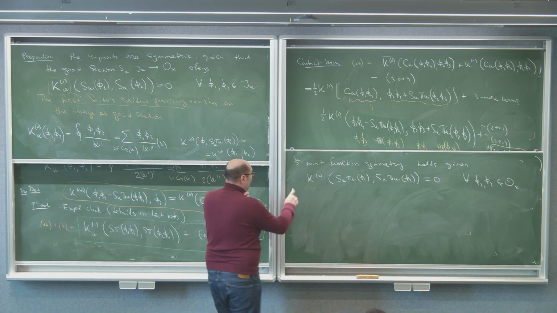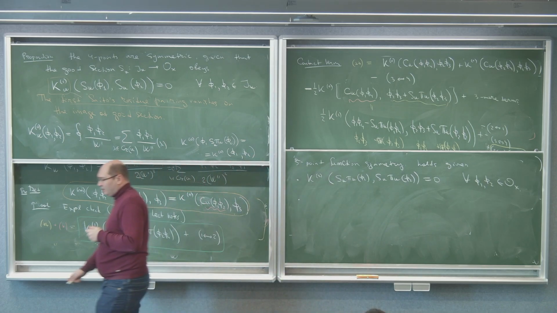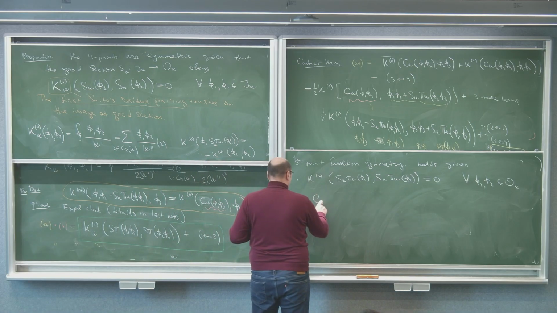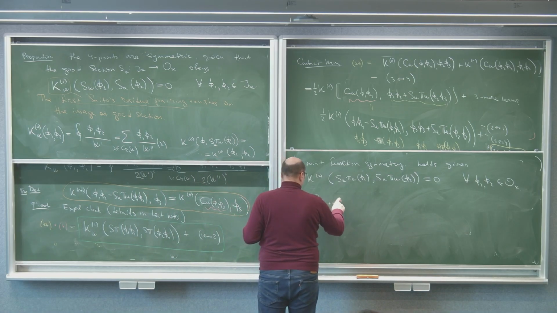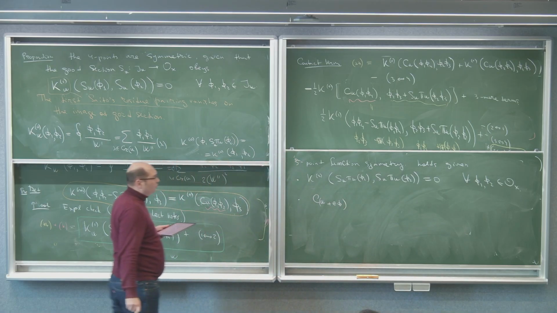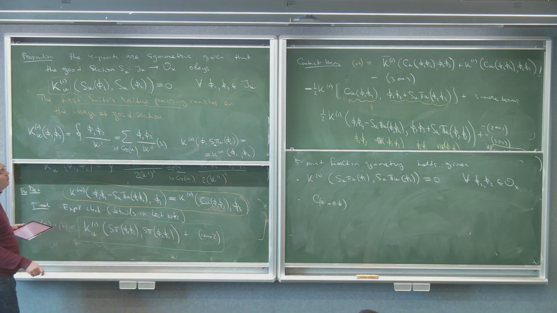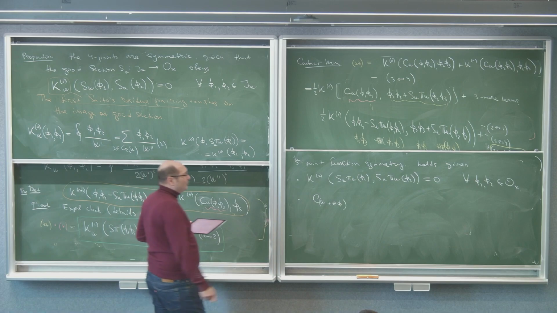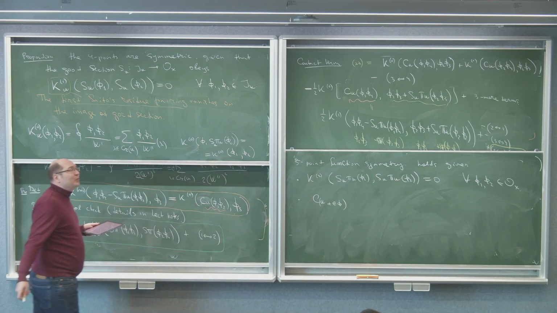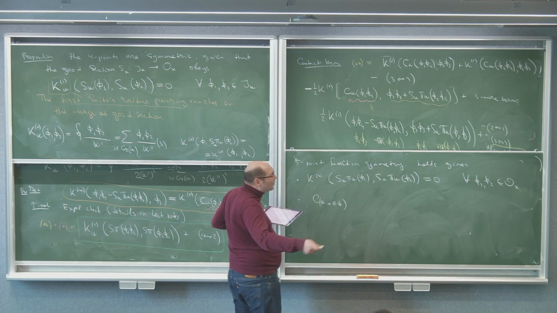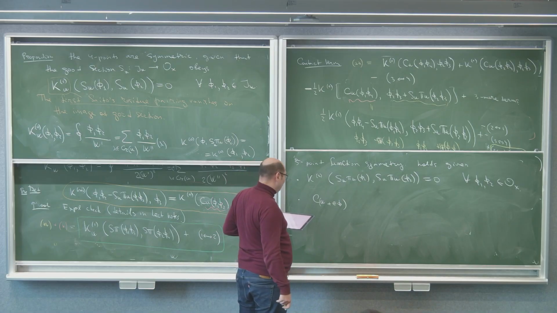Okay, so that was one condition, but that's not the only condition that you will discover in the case of the 5-point function. There will be a second condition that looks the following way. If I deform my superpotential W, then when I express 5-point functions in terms of 3-point functions, I will get for a 3-point function some contact terms computed when we compute the deformed 4-point function in terms of the deformed 3-point function.